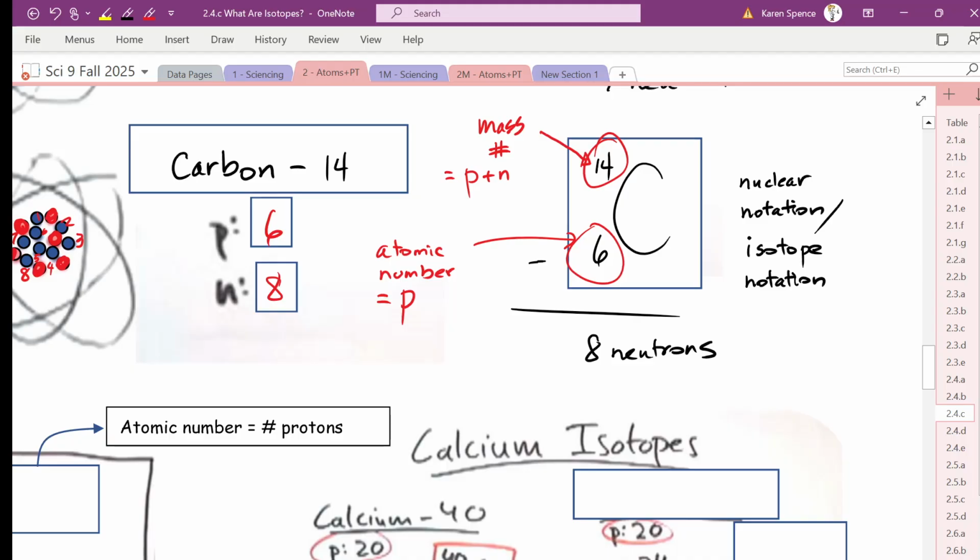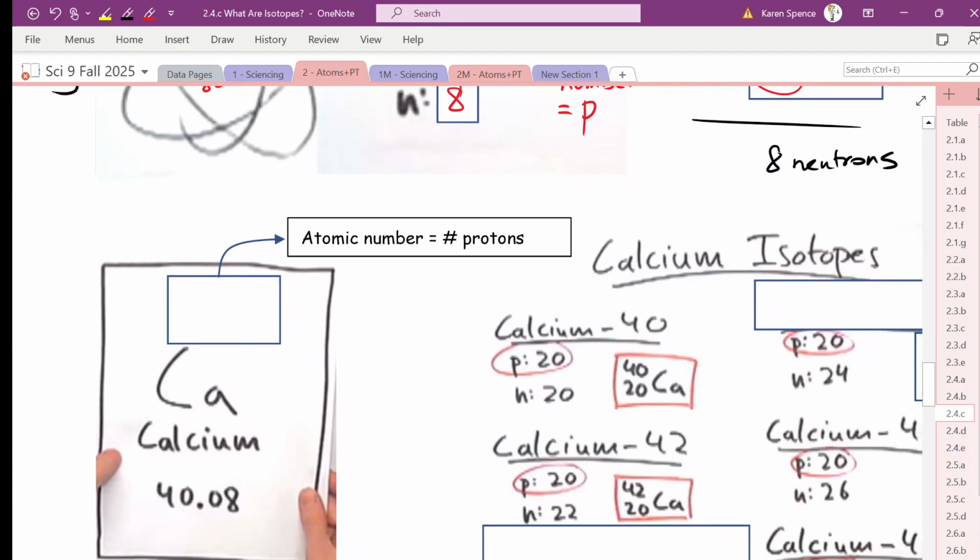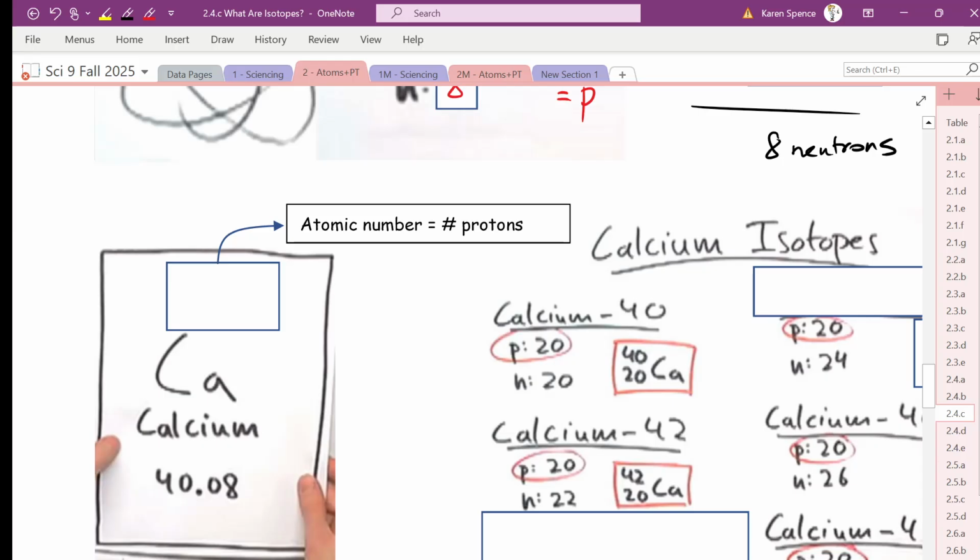All right. Let's try a few others. Here we have calcium. Could you go find calcium on your periodic table for me and find its atomic number? The atomic number of calcium is 20. Yes, indeed.